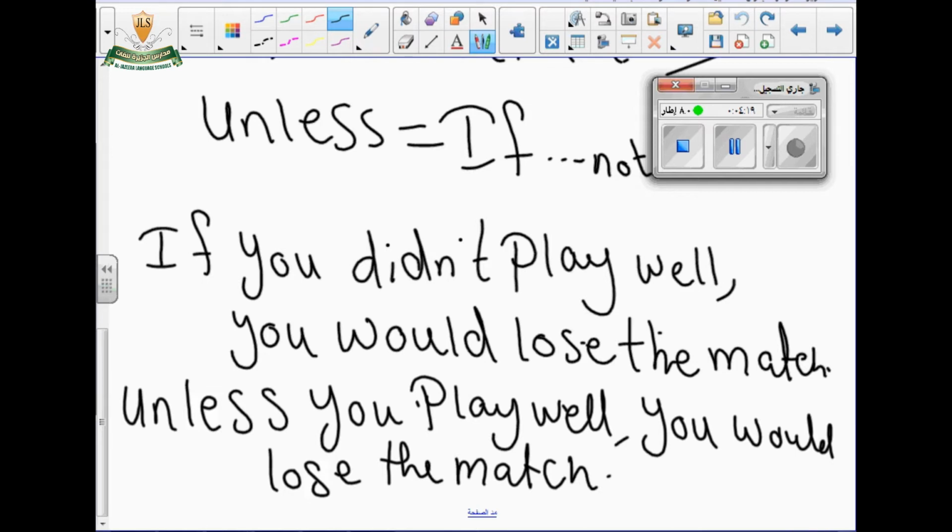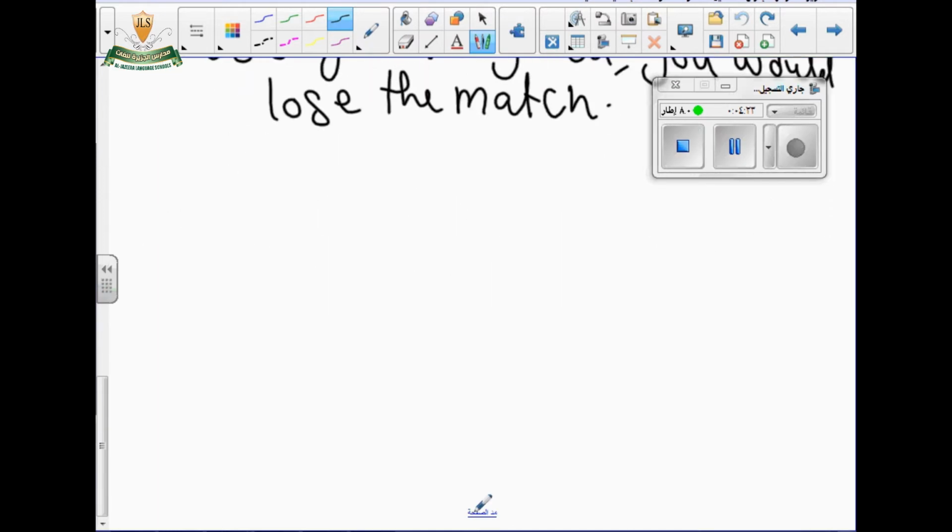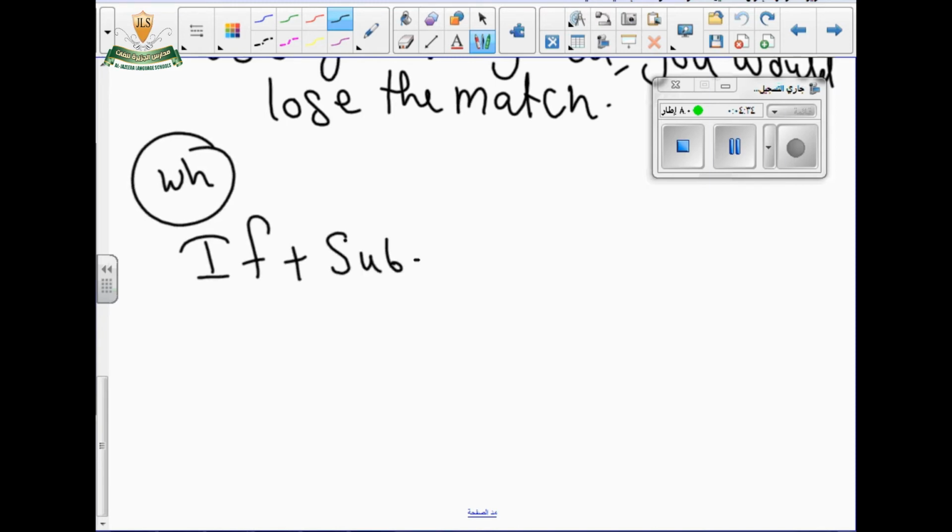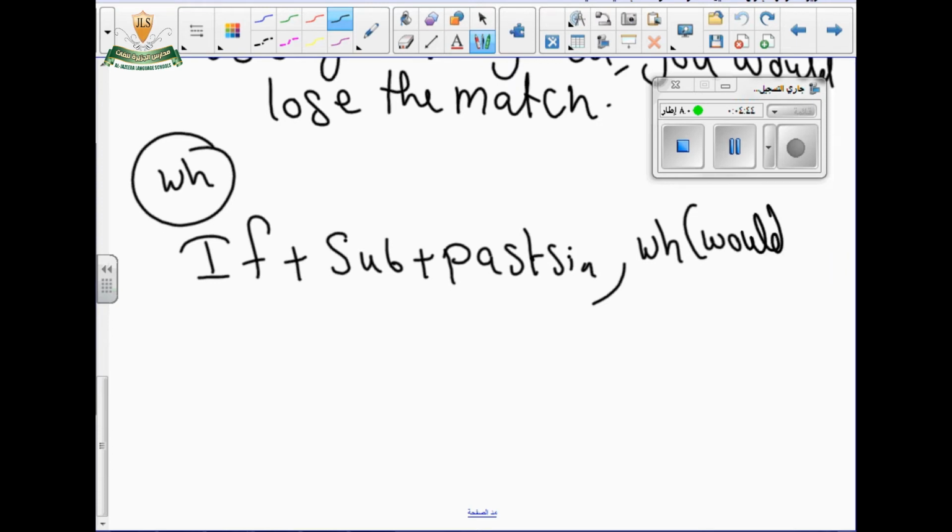Okay, now let's learn the question form. To make a WH question or the question form we use two ways. The first is: if plus subject plus the past simple tense, comma, WH or would plus subject plus verb infinitive.